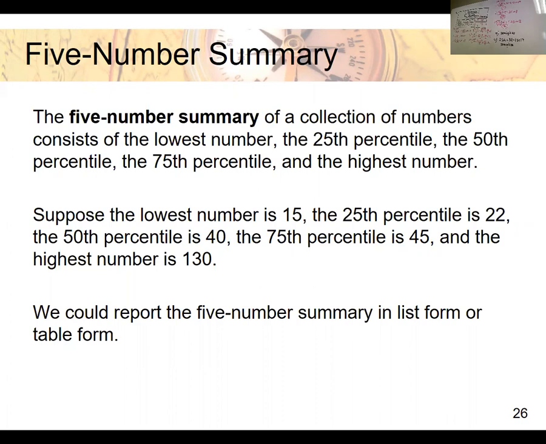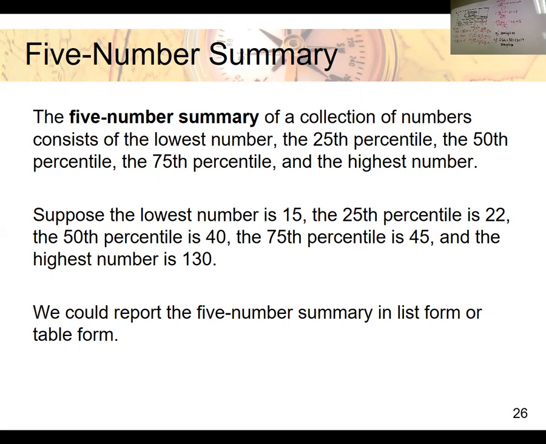It is a collection of numbers consisting of the lowest number in that data set, the 25th percentile, the 50th percentile or the median, the 75th percentile, and the highest number. So let's say the lowest number is 15, the 25th percentile is 22, the 50th percentile is 40, the 75th percentile is 45, and the highest number is 130.